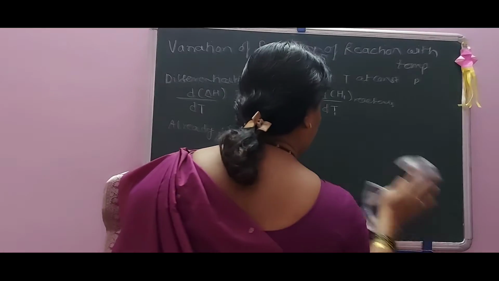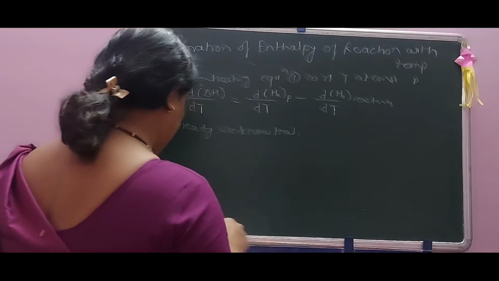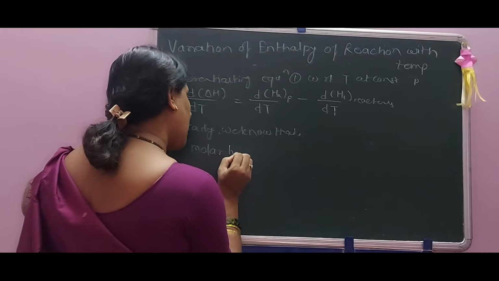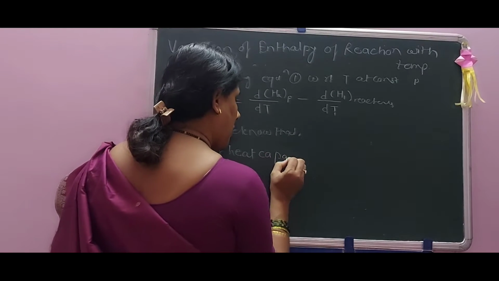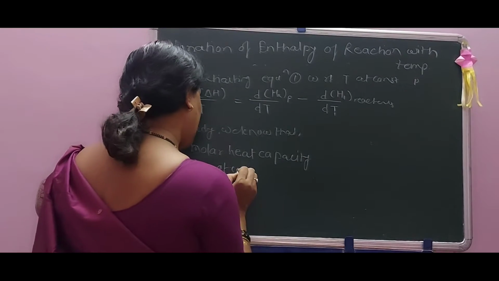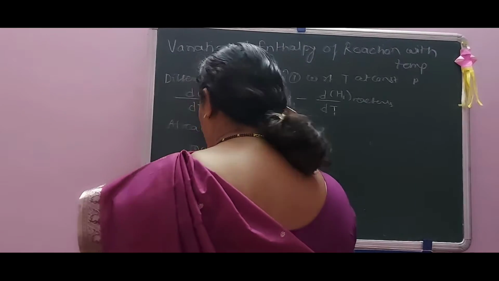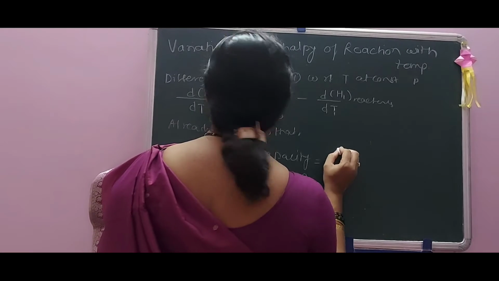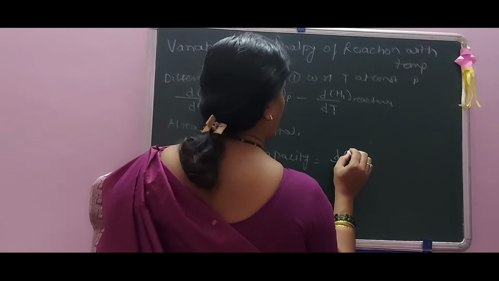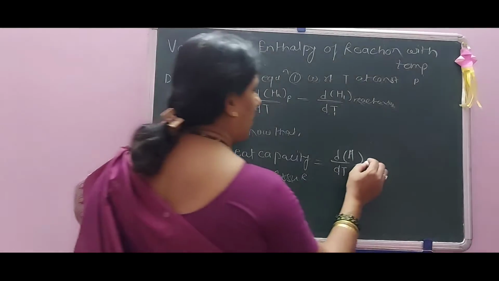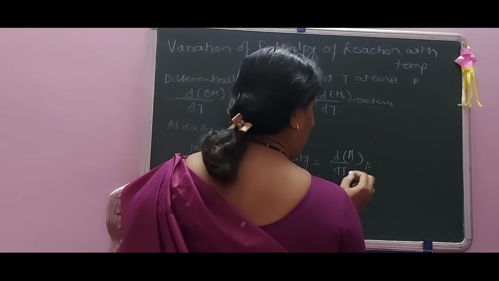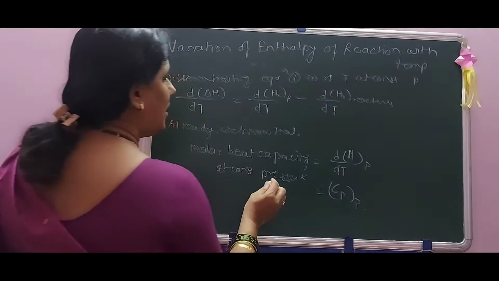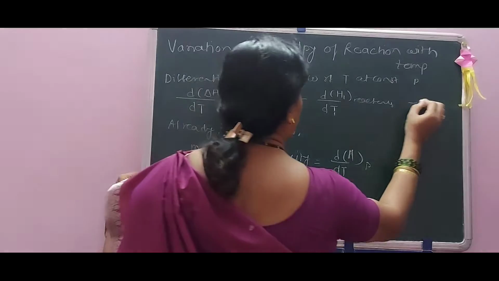The molar heat capacity at constant pressure is equal to d by dT of H at constant pressure, which is equal to Cp. Now we have to use this quantity in the equation.